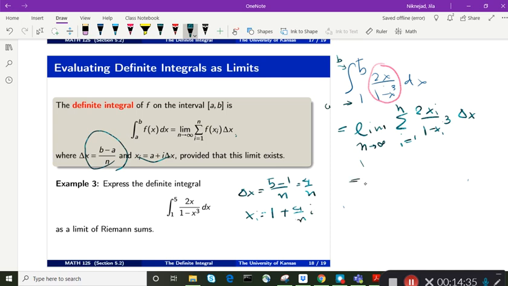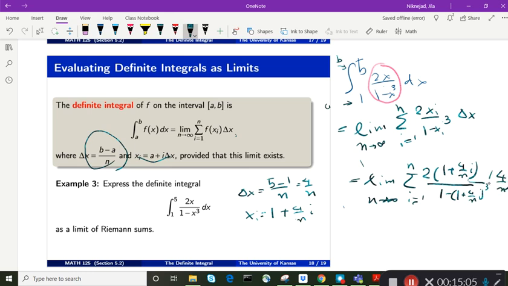So now I replace it, limit i equal to 1 to n of 2 times (1 plus 4 over n i), divided by 1 minus (1 plus 4 over n i) to power 3, times delta x, which is 4 over n.